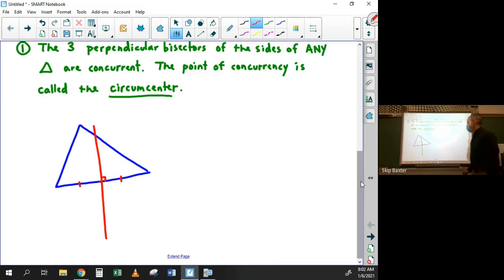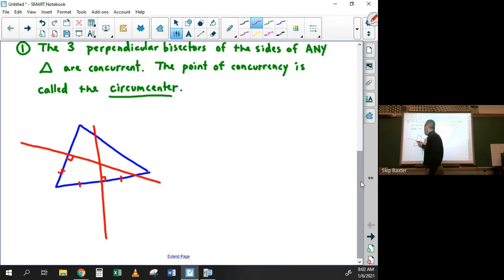If I do the perpendicular bisector of this side, there's the midpoint, it would be something like that. And if I do the third one, it's going to go through the same point. Okay, that point right there is called the circumcenter of the triangle.